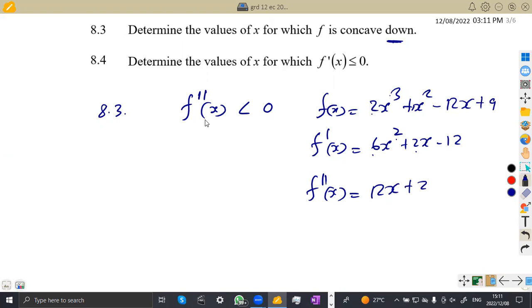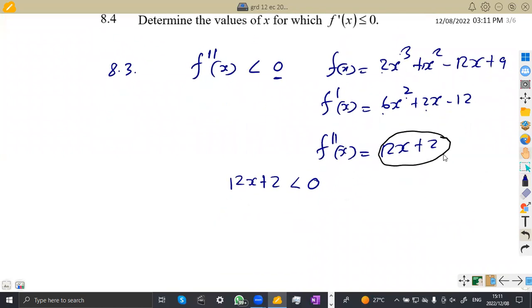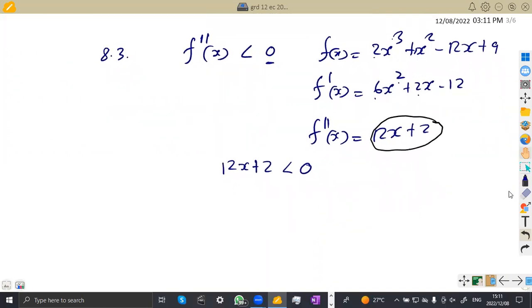From this concept, the second derivative must be less than 0, so 12x plus 2 should be less than 0. So we have an inequality, 12x plus 2 less than 0. You can solve it the same way you solve normal inequalities.